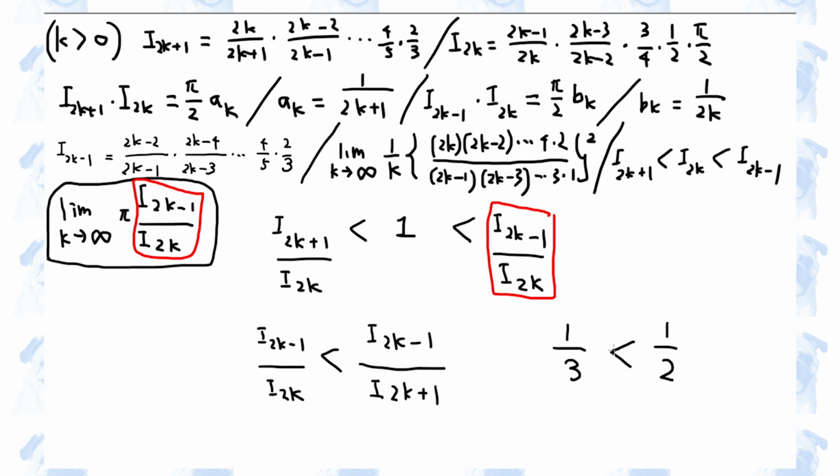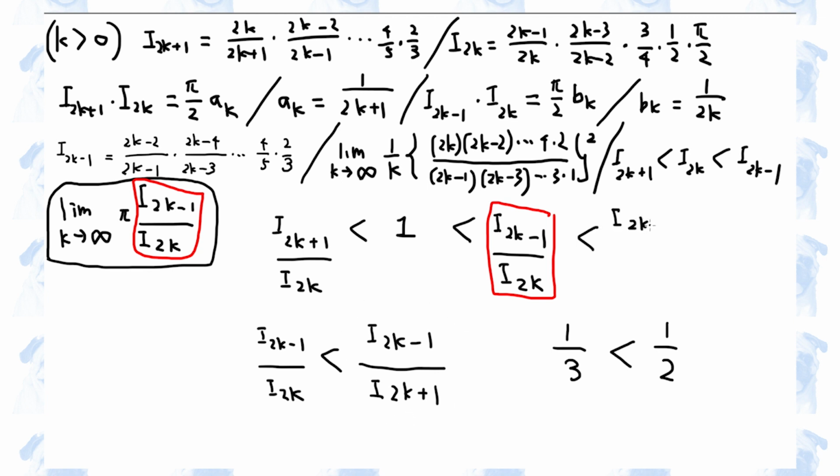When we have two fractions with the same numerator, the greater the denominator, the smaller the whole fraction is. So, because I sub 2k is greater than I sub 2k plus 1, the fraction on the left is smaller than the fraction on the right.